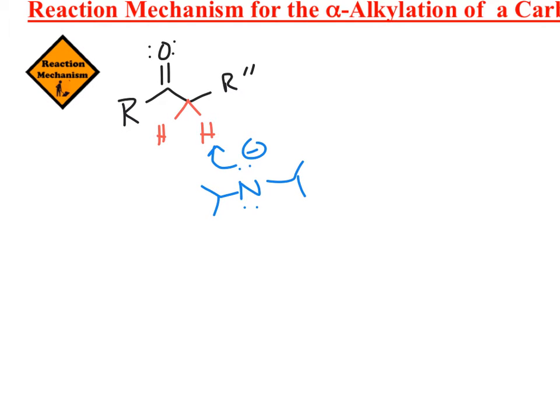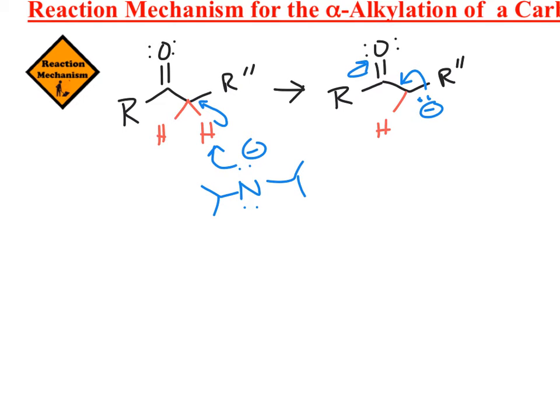It's going to grab one of the two acidic hydrogens. And no, this is not under equilibrium conditions, giving us our enolate, like so. And we have a resonance structure of this enolate, so we've got to draw it in.